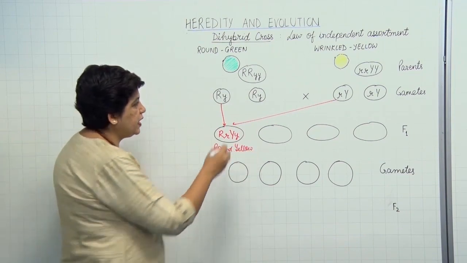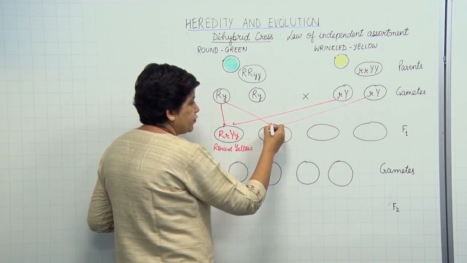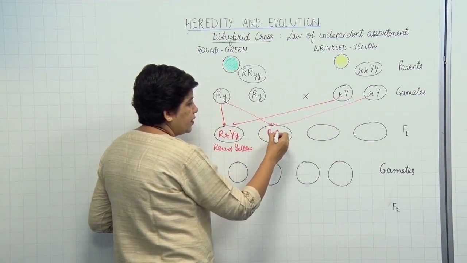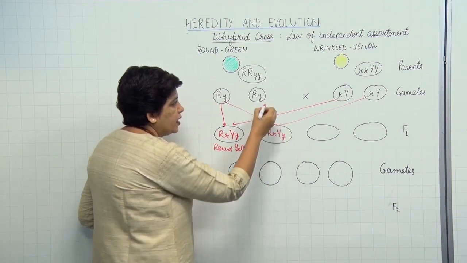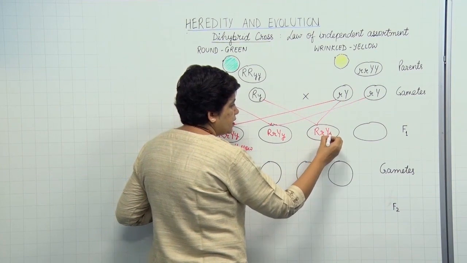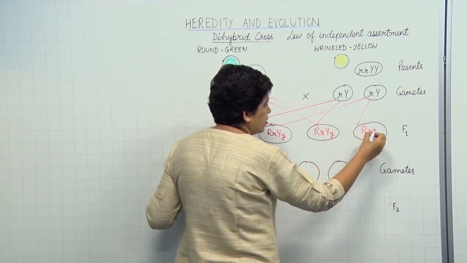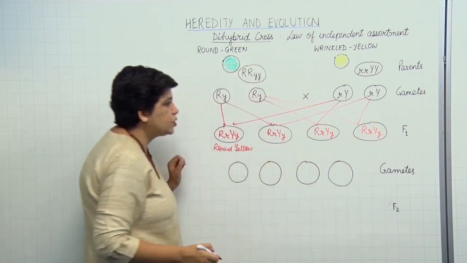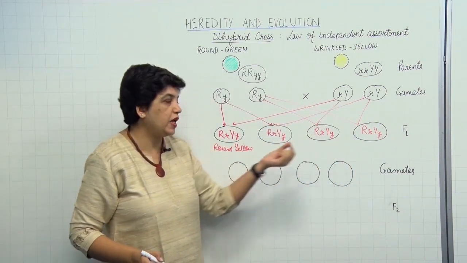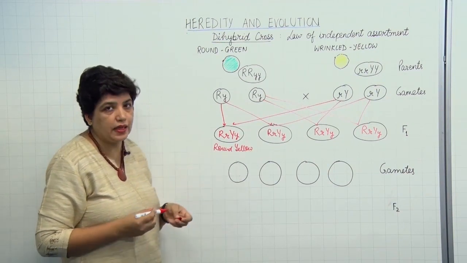Right? Similarly, if this gamete fuses with the other gamete, if there is a chance fusion, it will again be R, r, Y and small y. Again the same thing with these two gametes. So you will notice in the F1 progeny, or the first generation, all the seeds are round and yellow.